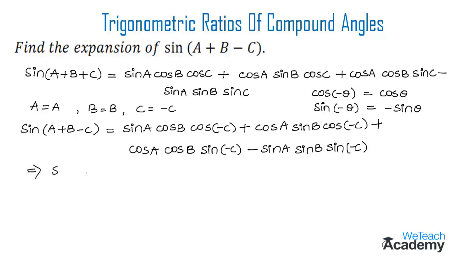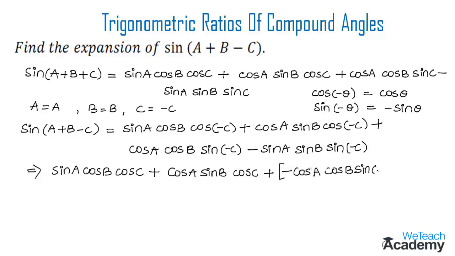So we get sin A cos B, and cos of minus C is equal to cos C, plus cos A sin B, cos of minus C is equal to cos C, plus the next term, where sin of minus C will be equal to minus sin C, so we get plus of minus cos A cos B sin C. Then we have sin of minus C, which is minus sin C, so minus into minus becomes plus, and we get plus sin A sin B sin C.